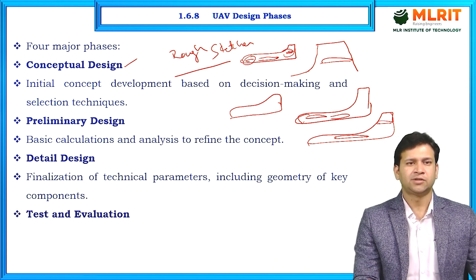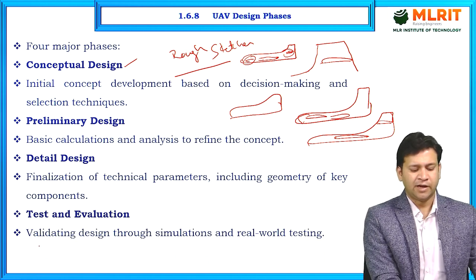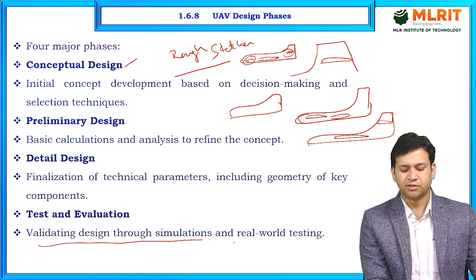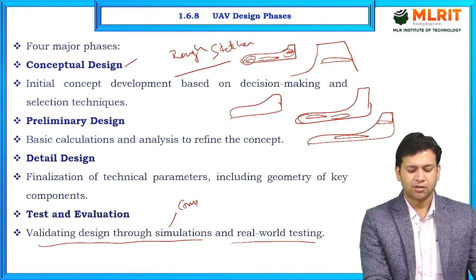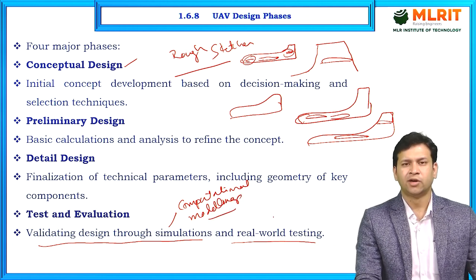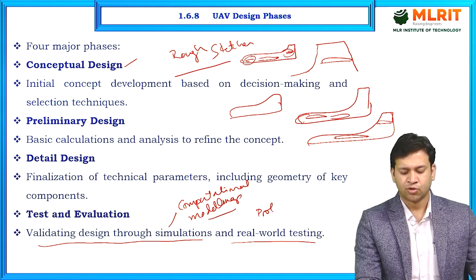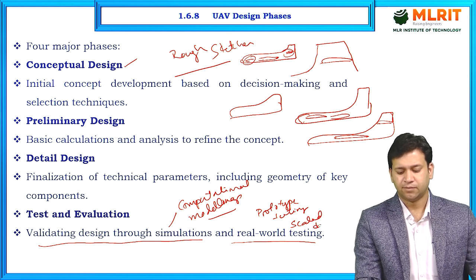And the last phase is test and evaluation, where we validate the design through simulations and real world testing. Simulations we do using computational modeling, and real world testing we do using prototype testing in the wind tunnel with scale down model.